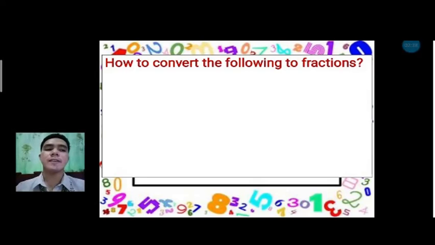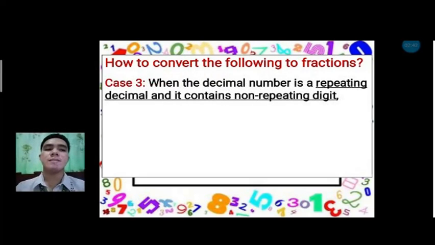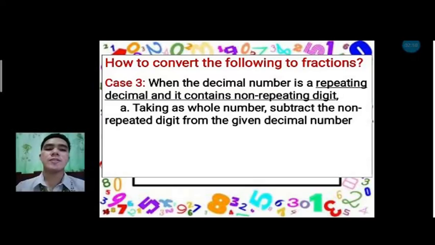Case number 3, when the decimal number is a repeating decimal and it contains a non-repeating digit. So first, you have to take the decimal number as a whole number, then subtract the non-repeated digit from the given decimal number.